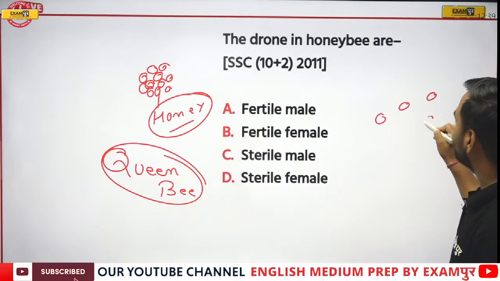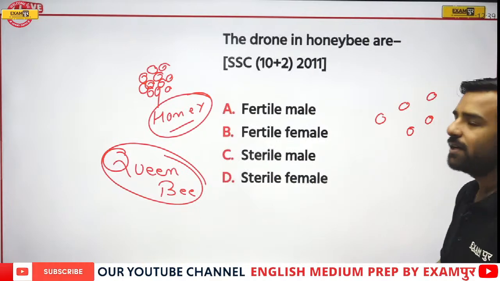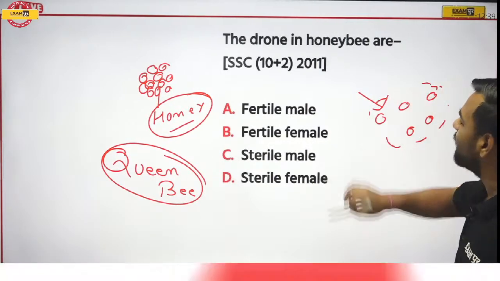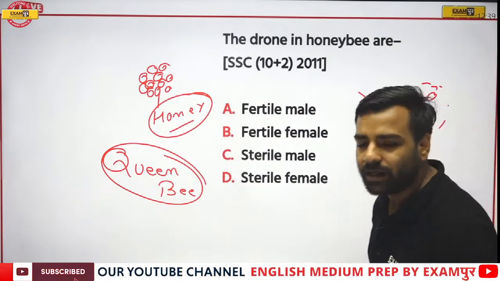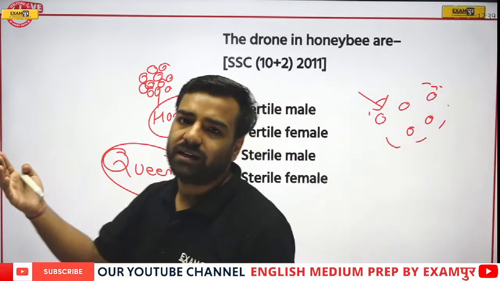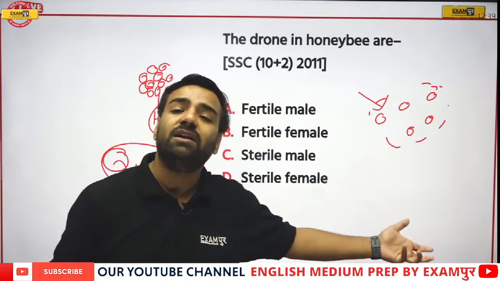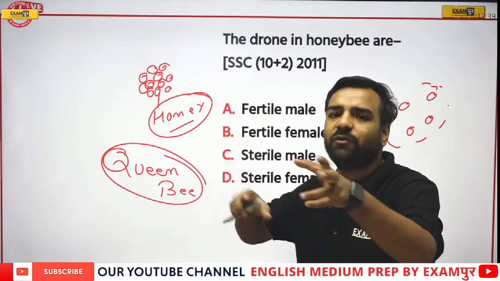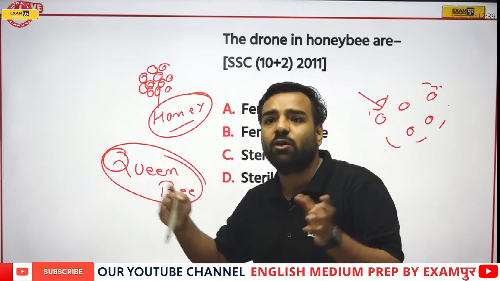Those eggs which are given by this queen bee, it is spraying its sperms over there, and the fertilization is done with this sperm. Those fertilized parts give birth to the bees. It is dependent on the way of fertilization, whether it would be male or female.